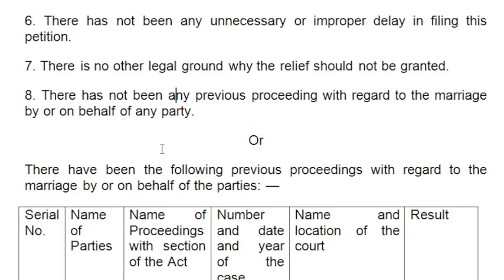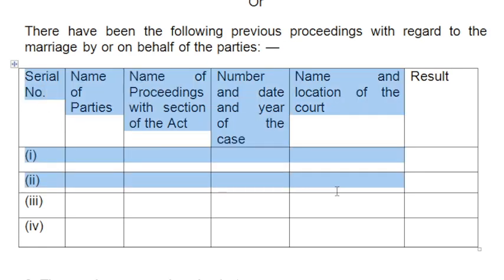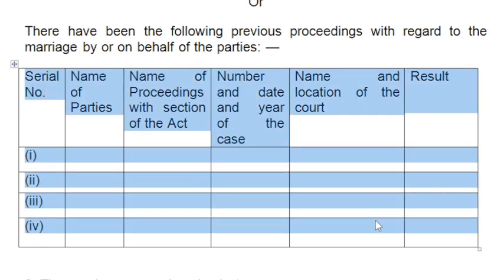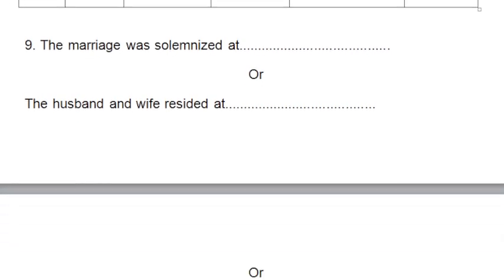If there is no such proceeding going on, you have to mention that as well, that there has not been any previous proceeding with regard to the marriage. And if there is any proceeding, you have to mention the details of those proceedings and what the results of those proceedings are.